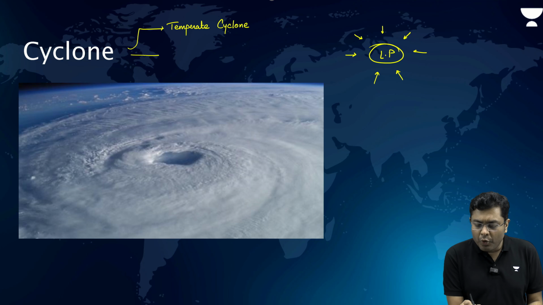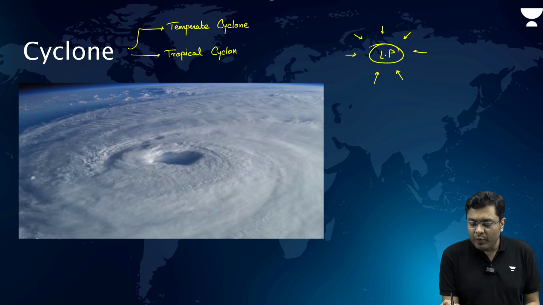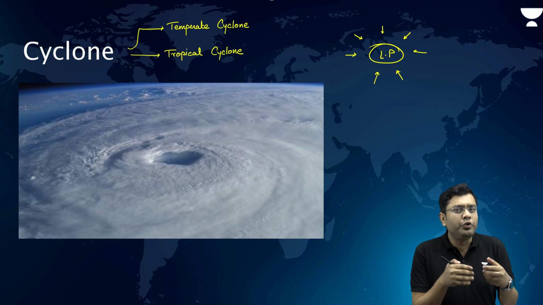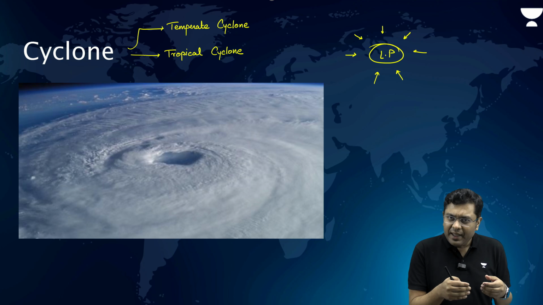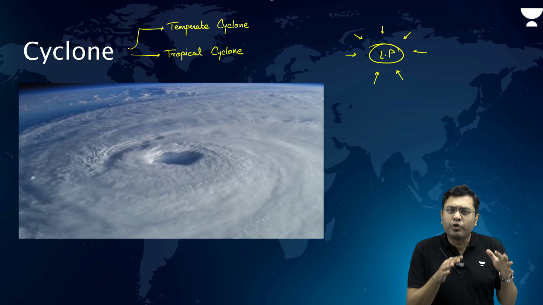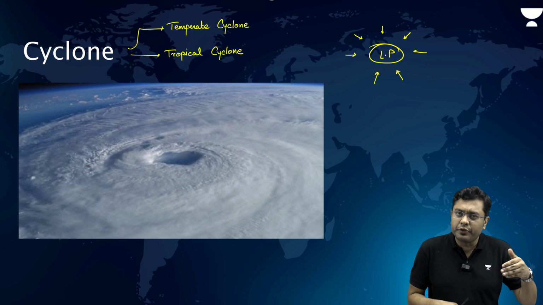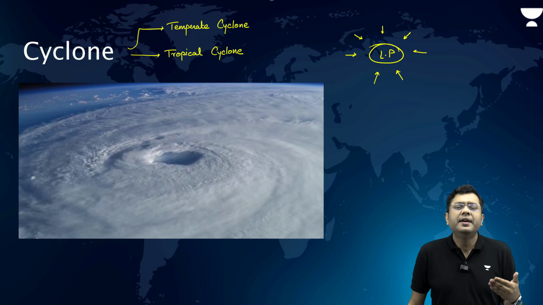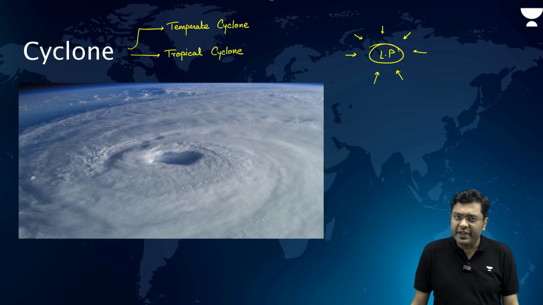But why we focus more on tropical cyclones is that India is impacted by tropical cyclones. Temperate cyclones rarely have any influence on us, and that is what UPSC also utilizes. Basically, any UPSC question has to deal with the problems and issues faced by India. Because tropical cyclones are the ones which confront us, you will find questions associated with them.